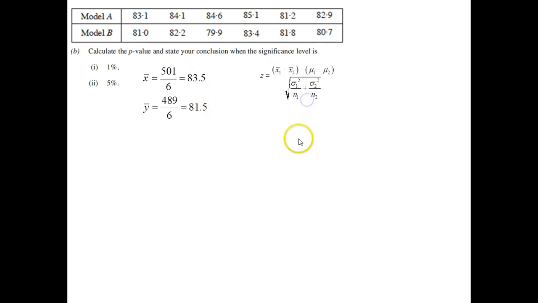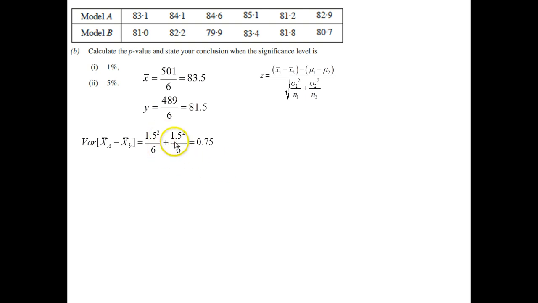The variance of the difference in means, if we use our z, so our difference in means minus (mu1 minus mu2), we want that to be 0 in the test we're doing, and then divided by the square root of the variance. So the variance is 1.5 squared over 6 for both of them, so we add that up and we get 0.75.